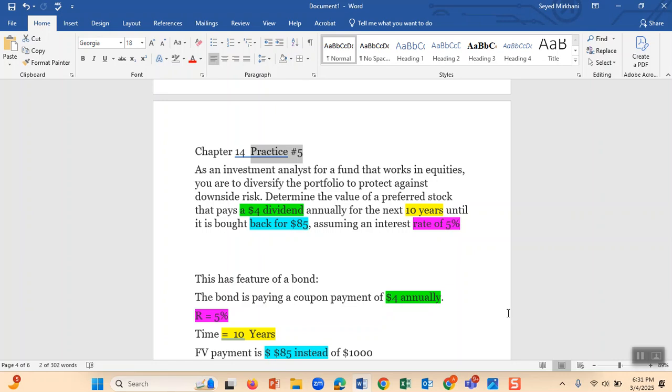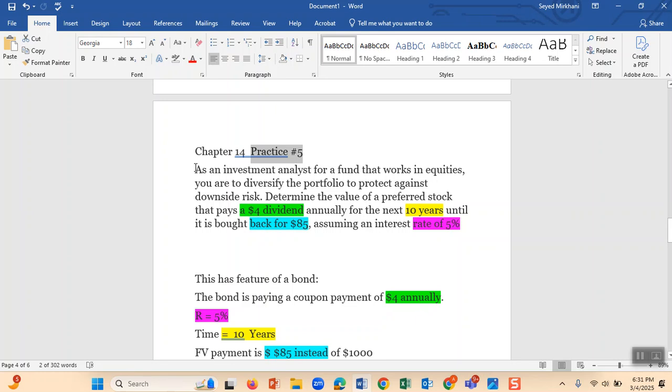Now, in order to calculate the value of a bond, you have to calculate the value of that annuity, as well as the value of that $1,000 that they are going to give you 10 years from now. How much are you going to give them if they are going to give you $1,000 10 years from now? And that's where those two tables came from.